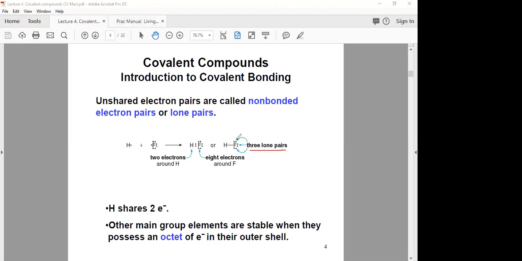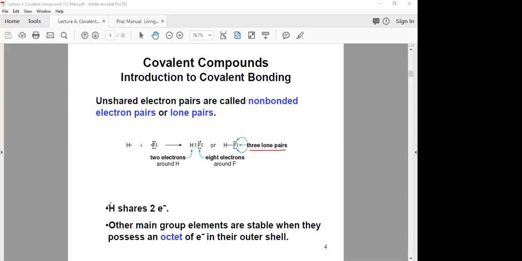And we refer to the number of these non-bonded electrons as 3 lone pairs of electrons. So keep that in mind for some of your tutorial questions now and in the future. 3 lone pairs of electrons or 3 non-bonded electron pairs.